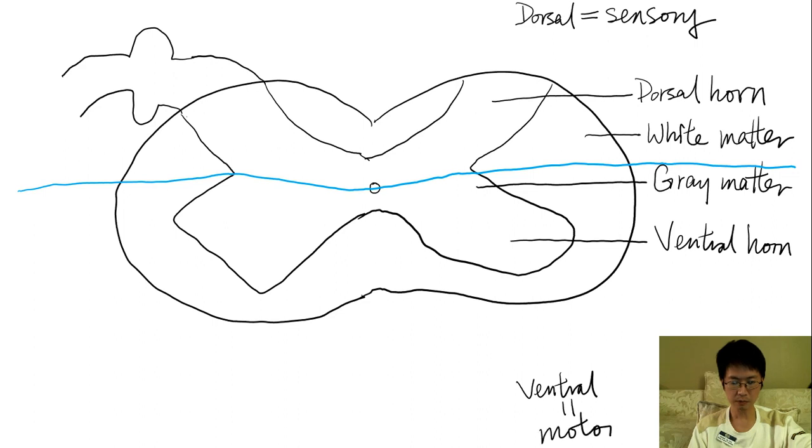All right, so dorsal side is for sensory, ventral side is for motor. For the sake of clarity, I'll just erase this part.